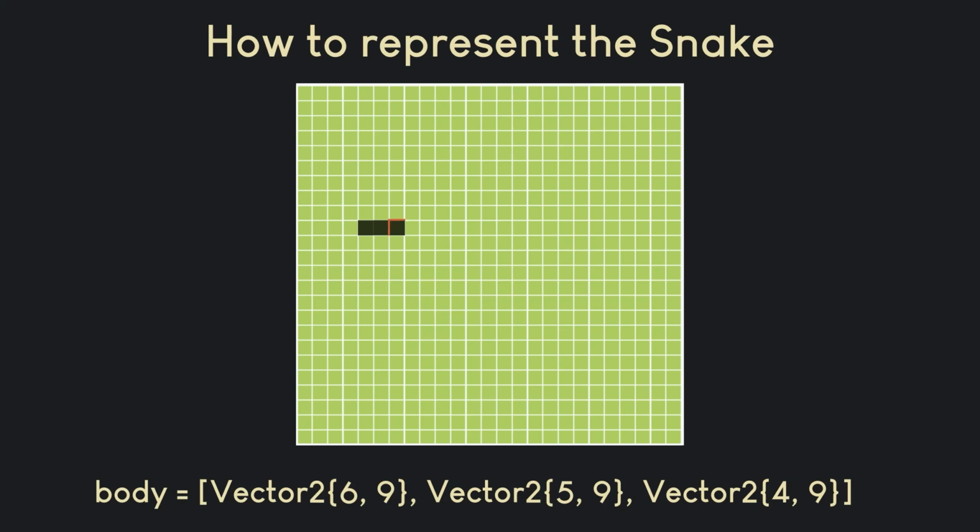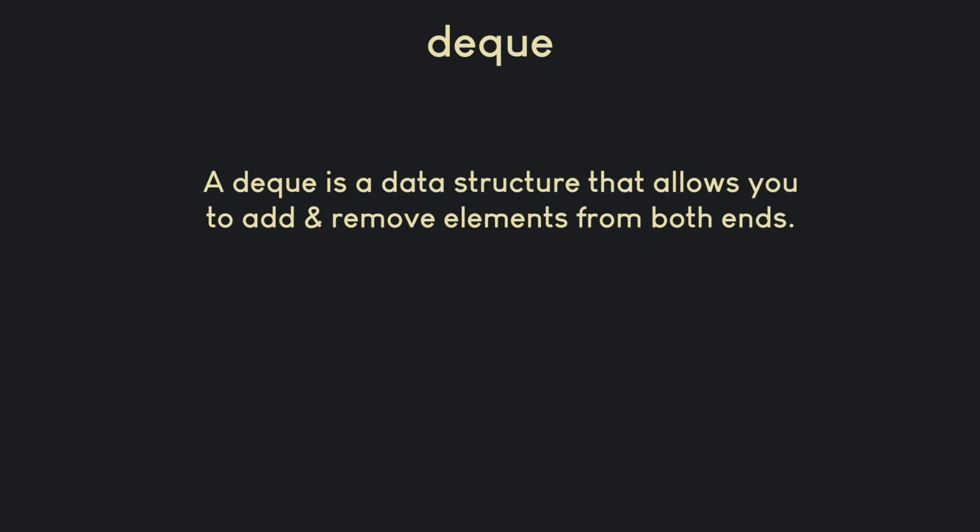The first item in the array is going to be the head of the snake, and the remaining ones the tail. But let's make our lives easier and learn something new. Instead of an array, we can use a deque to represent the snake. A deque is a data structure that allows you to efficiently add and remove elements from both ends. It stands for double-ended queue.